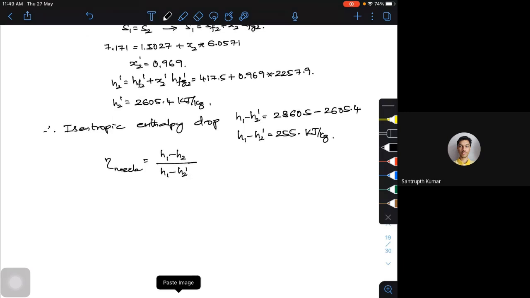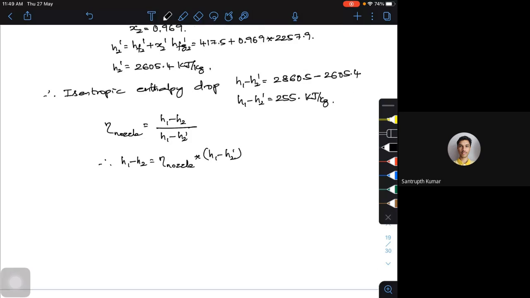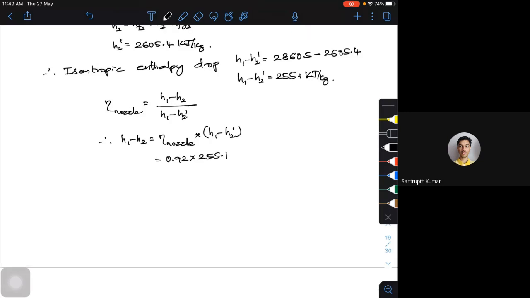So therefore your actual enthalpy drop, which is H1 minus H2, is equal to the product of nozzle efficiency into H1 minus H2 dash, that is 0.92 into 255.1. If I do that, I am getting a value which is less than 255. It is 234.69 kilojoules per kg. This is my H1 minus H2.